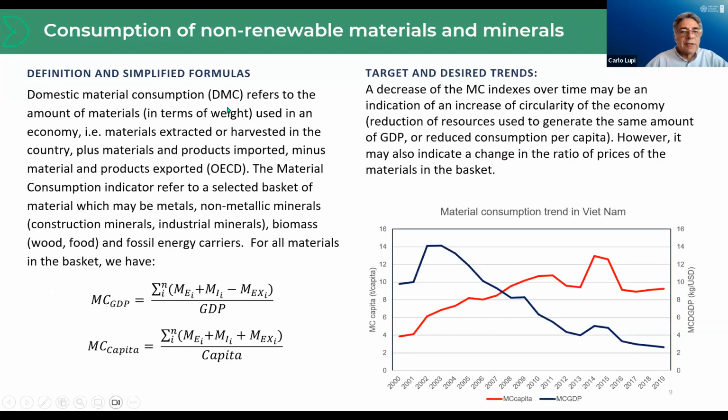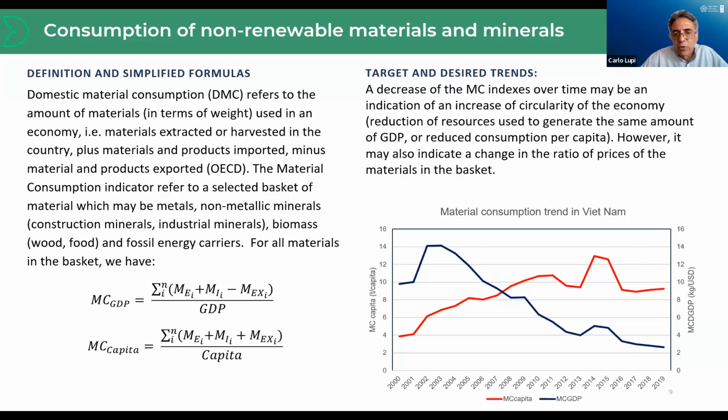Another important indicator is the consumption of renewable materials and minerals. Here, obviously, we have to select which materials we want to include in this indicator. For instance, one of the proposals for the National Action Plan is to consider only materials generated from mining activities.